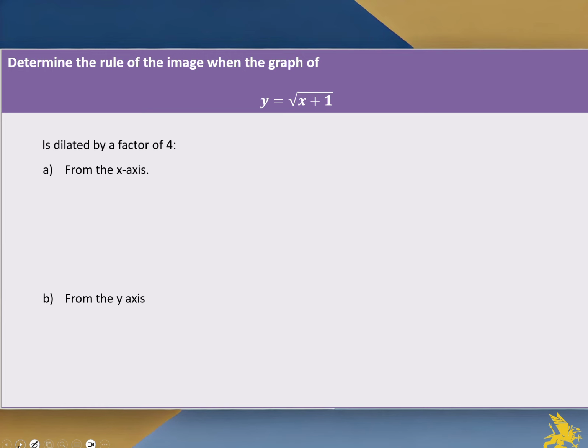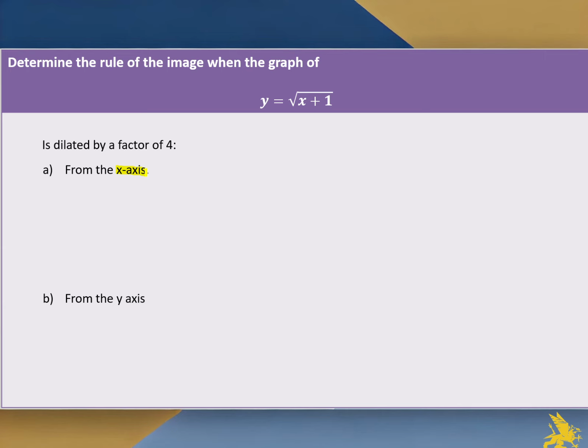Let's have another go. So this time we are going to determine the rule of the image when the graph of y is equal to square root of x plus 1. So the first part is the dilation by a factor of 4. Now, we've got from the x-axis. So when I say from the x-axis, I'm meaning I'm stretching up.